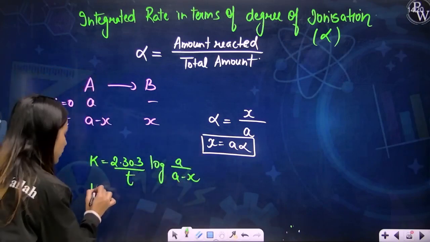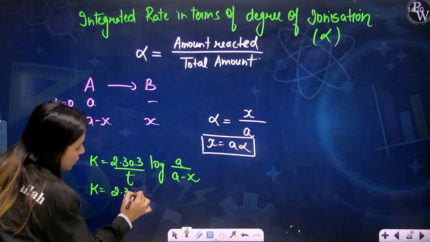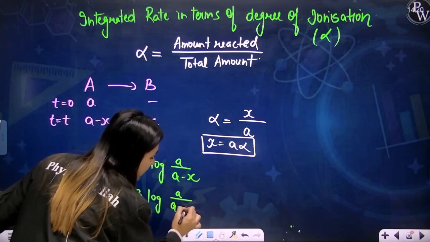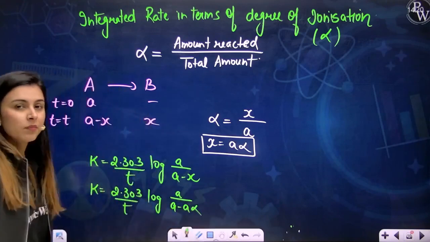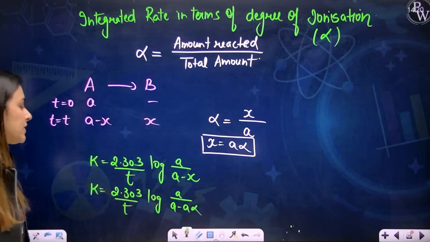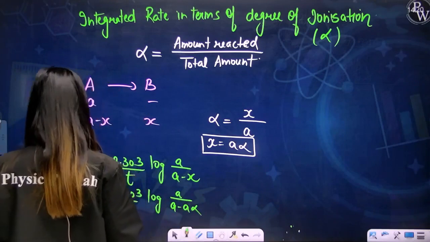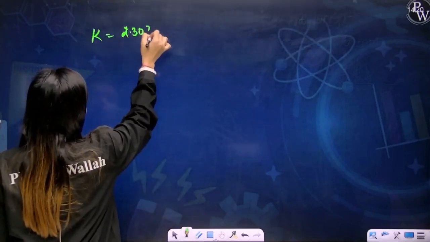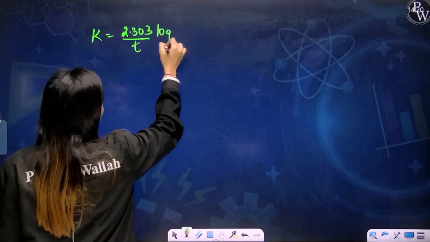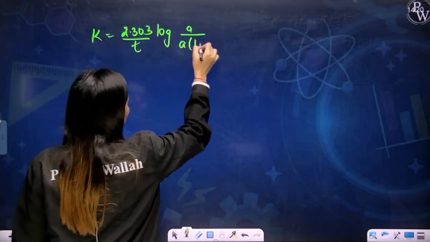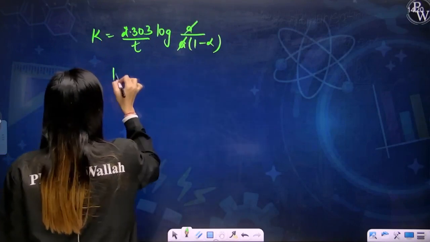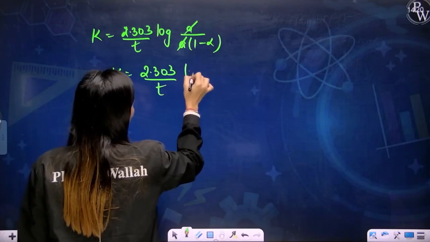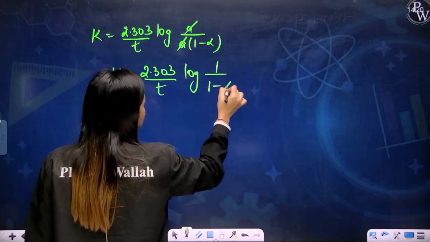K is equal to 2.303 upon T log of A upon A minus A alpha. Let's take A common. Then K will be equal to 2.303 upon T log A upon A into 1 minus alpha. A cancelled, so K is equal to 2.303 upon T log of 1 upon 1 minus alpha.